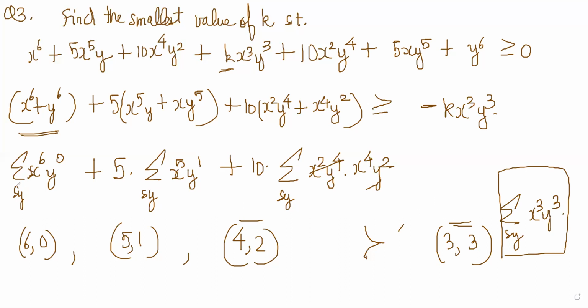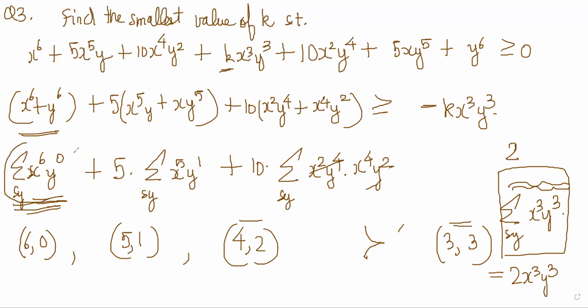Okay, so then we just count it. How many terms are there in this symmetric sequence? There are two terms, so this symmetric sum will just be 2x cube y cube. So each of these summations is greater than or equal to 2x cube y cube.